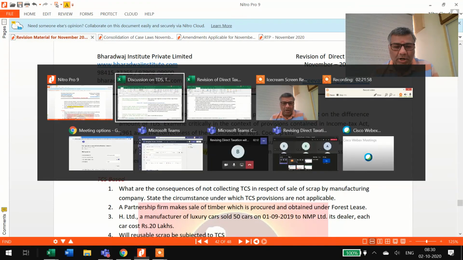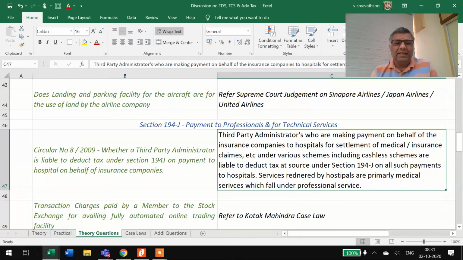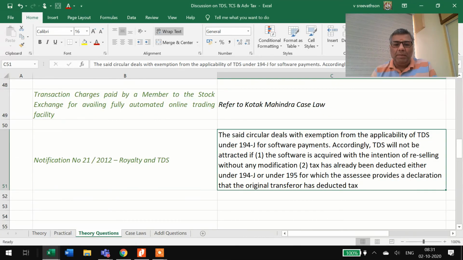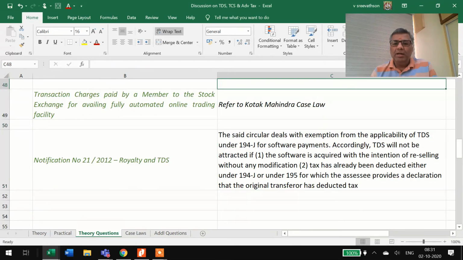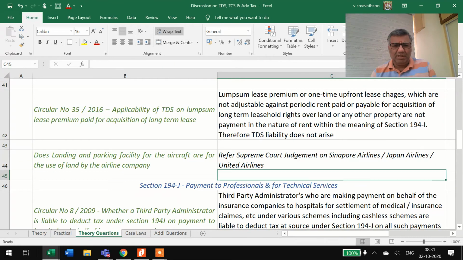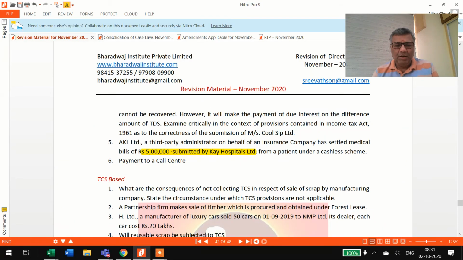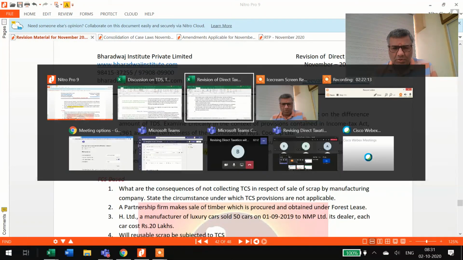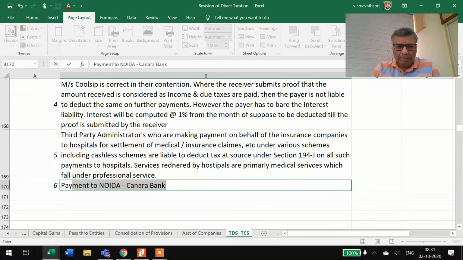Payment to a call center: it is clarified that the rate of taxation will only be 2%. Sorry, it's not a circular. Payment to call centers falls under 194J, but the rate of taxation is 2%.